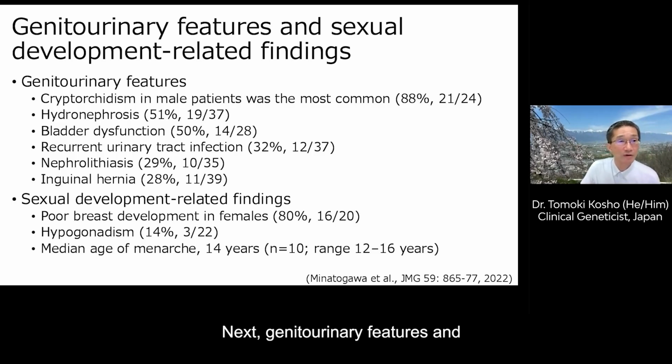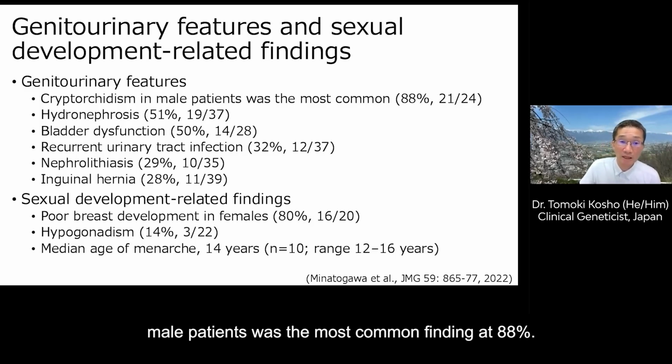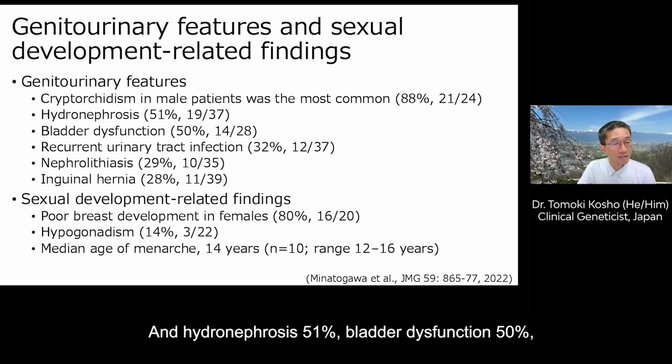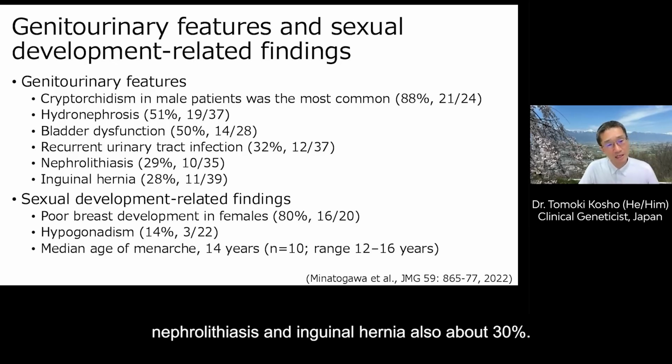Next, genitourinary features and sexual development-related findings. Genitourinary features include cryptorchidism in male patients, the most common finding, at 88%, and hydronephrosis 51%, bladder dysfunction 50%, and recurrent urinary tract infection 32%, nephrolithiasis and inguinal hernia also about 30%.